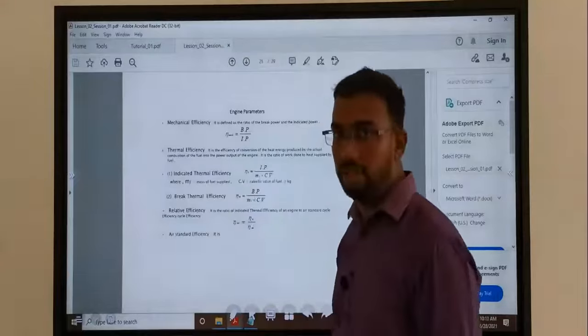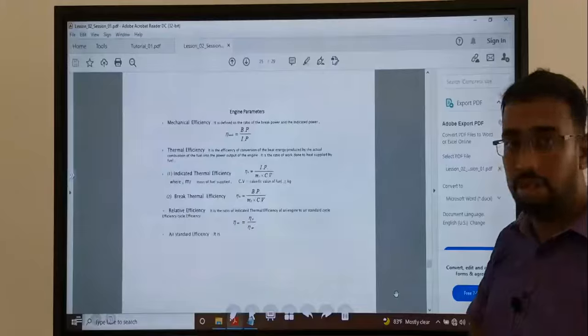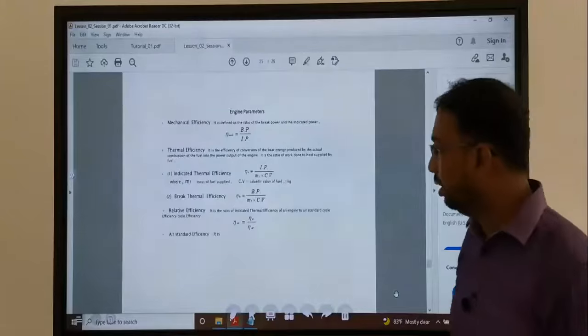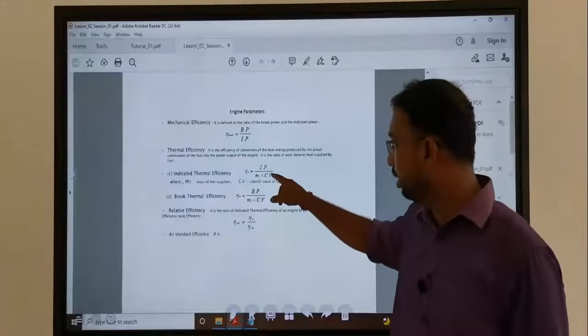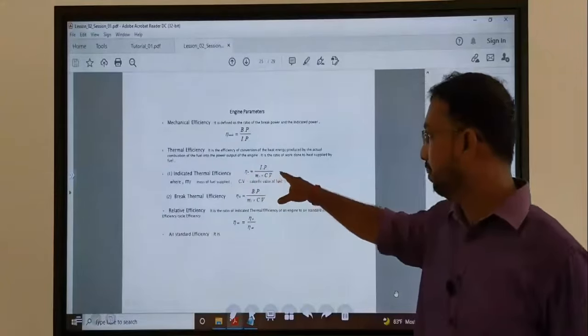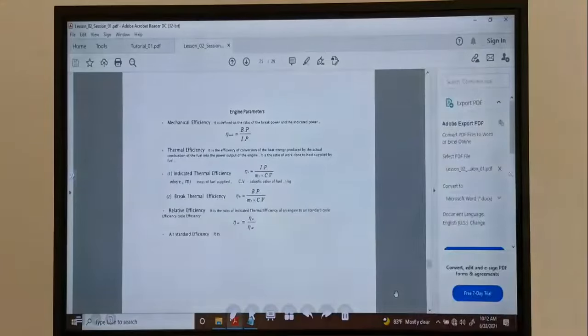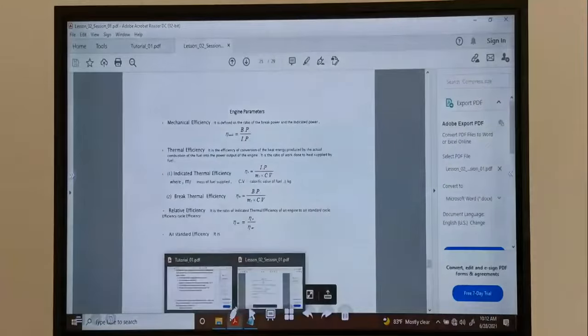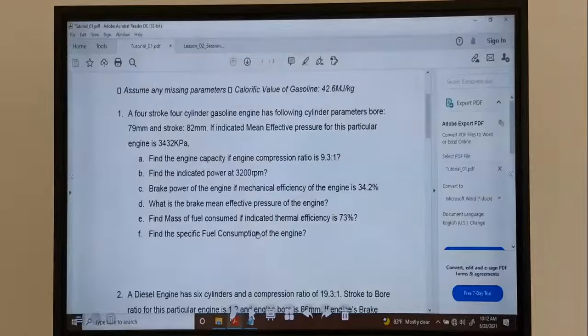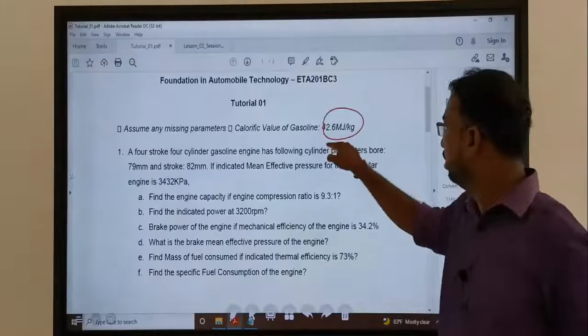When we do this question, you will clearly understand. Now you remember this equation, indicated thermal efficiency equals IP over MF into CV. The calorific value of fuel is already given in the question.